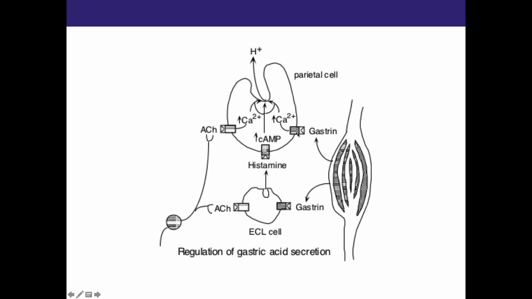Gastrin alone produces a little bit of acid secretion, and histamine alone produces a little bit of acid secretion. But when all three are on board, the amount of acid secretion is greater than the sum of the individual molecules. Called potentiation. And that's what happens during the gastric phase.